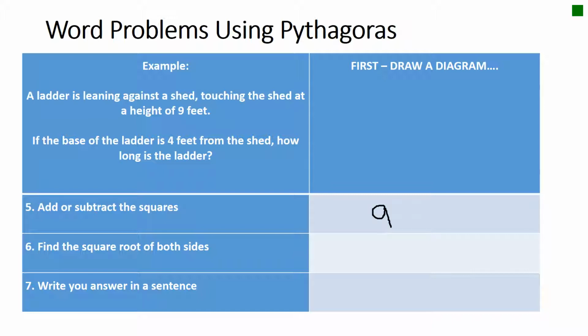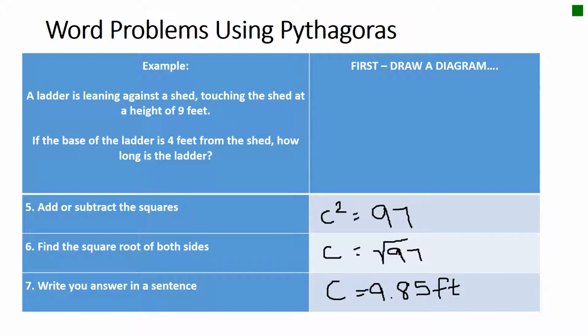So we add to get 97. So that equals c squared. And I don't want to know what a ladder squared is. I want to know what the ladder length is, which is just c. So I have to square root both sides. So I get the square root of 97. And so c is 9.85 feet. Now it says answer in a sentence. So you would just say the ladder is 9.85 feet long.